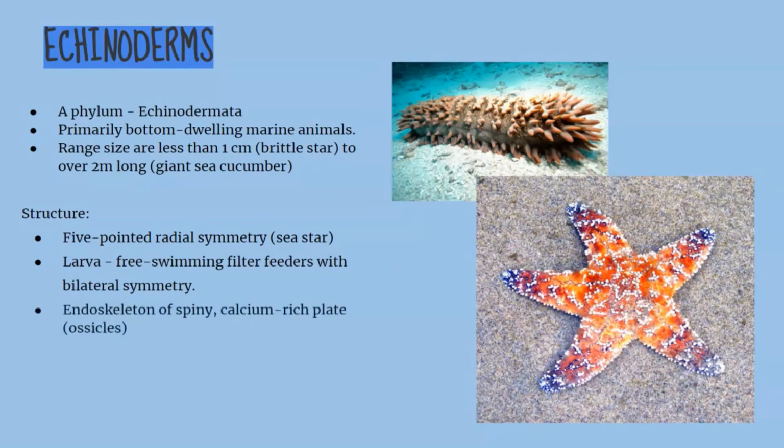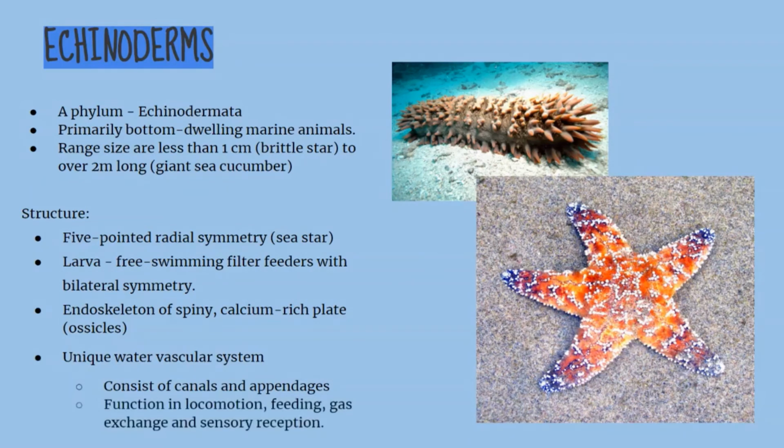Echinoderms also have an endoskeleton of spiny, calcium-rich plates called ossicles. They also have a unique water vascular system that consists of channels and appendages, and functions in locomotion, feeding, gas exchange, and sensory reception.